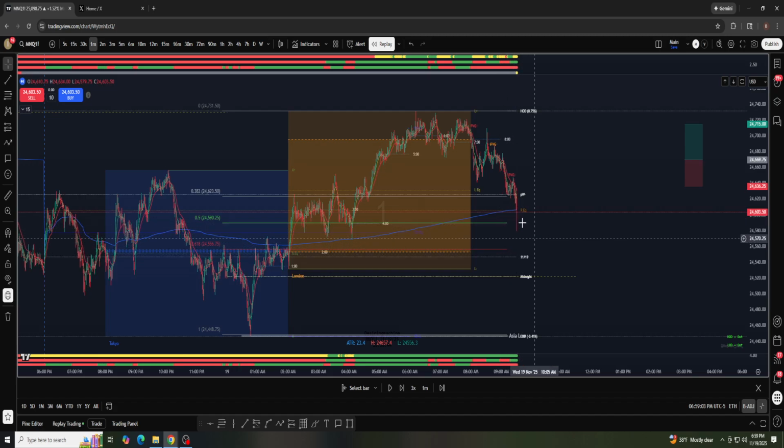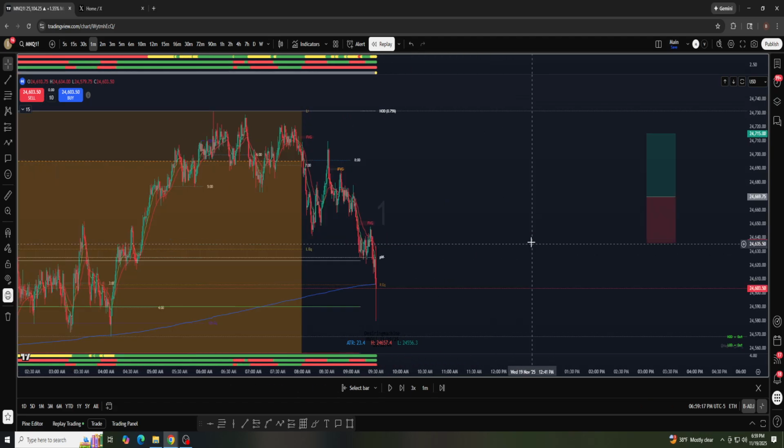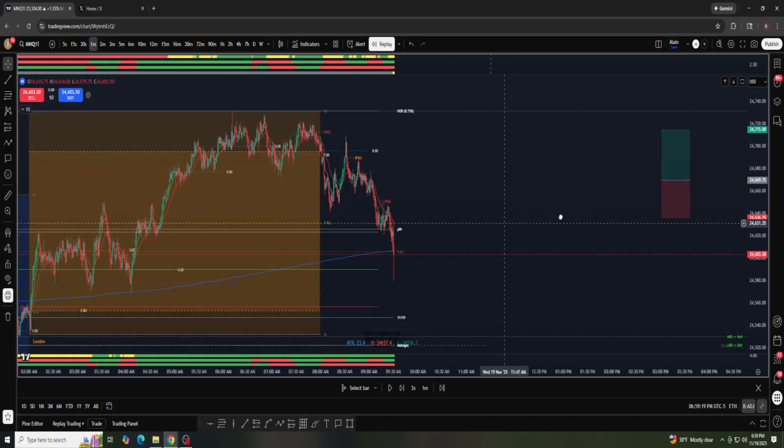I like to see if price gets a reaction. It's not necessarily a limit buy. It's, are we reacting here? And you can see the VWAP is right above it. 50%, 61.8. And just zoom in a little bit.